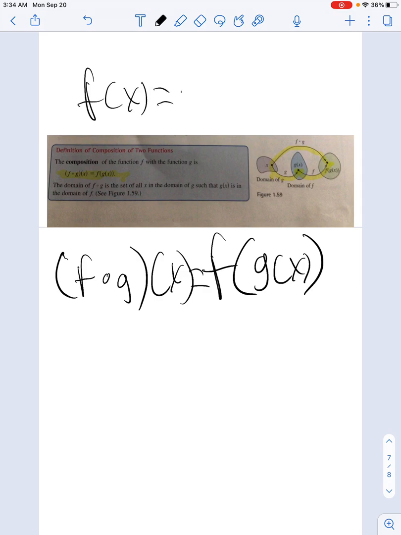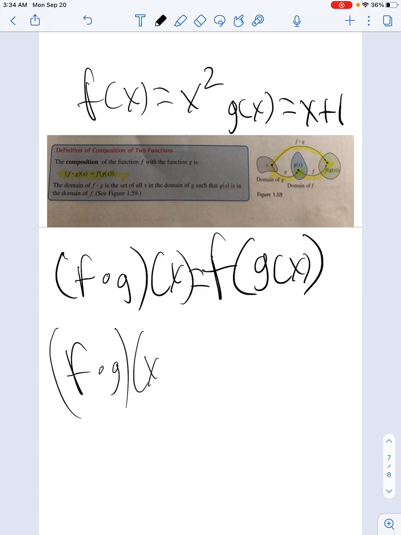So let's use an example. f of x equals x squared, and g of x equals x plus 1. So f of g of x is going to equal... I'm going to start with my function f on the outside, and that's x squared.